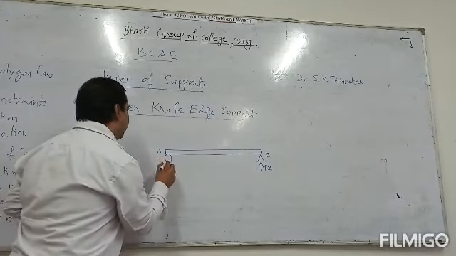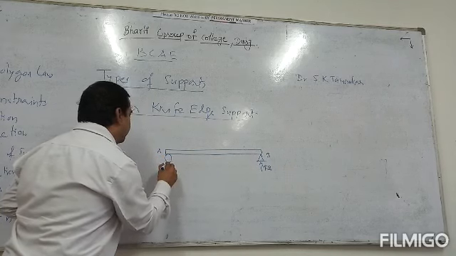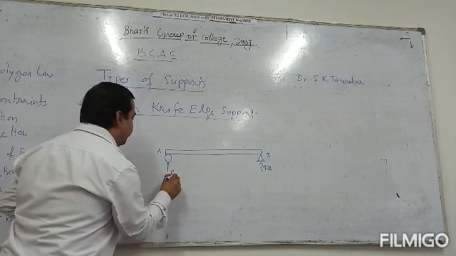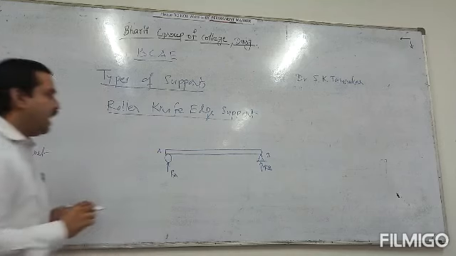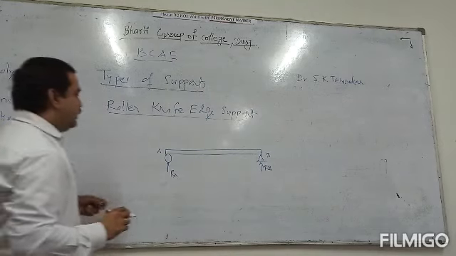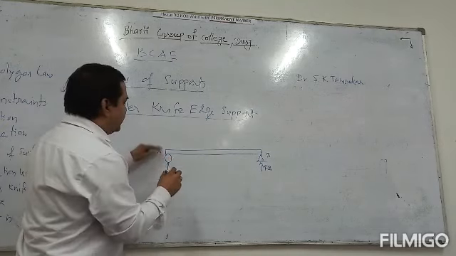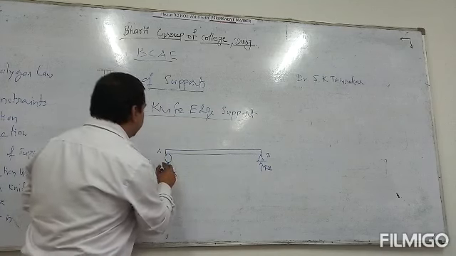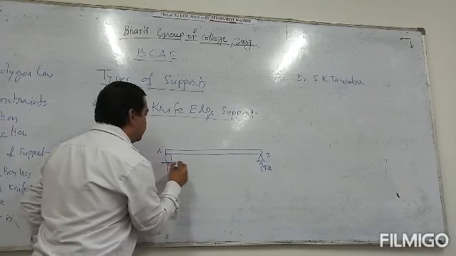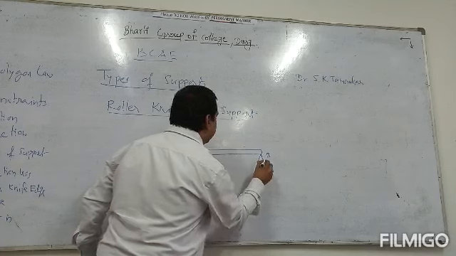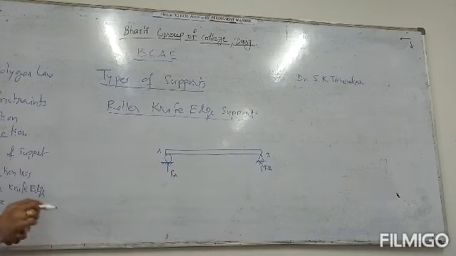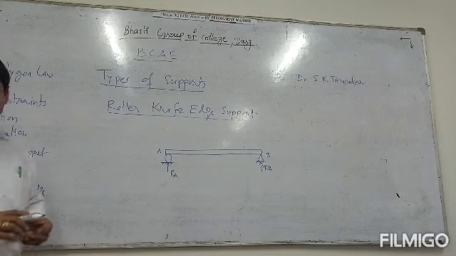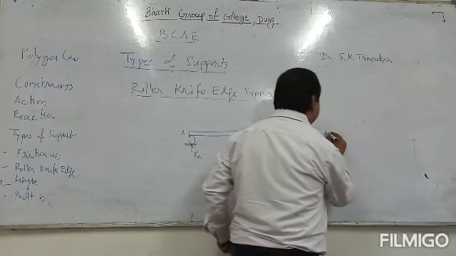And the roller support will also give an upward reaction RA. Beyond this point, this rod cannot go downwards. This is the roller support. This is the knife edge support.